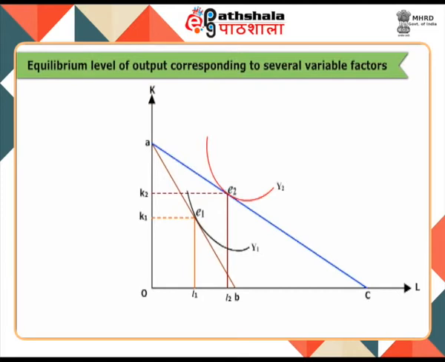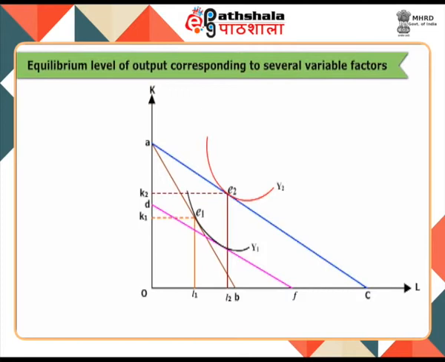The journey from the initial equilibrium point E1 to E2 can be divided into two effects, the substitution effect and the output effect. In order to explain these two effects more explicitly, we draw a new isocost line DF, which is parallel to AC and also tangential to the initial isoquant Y1, so that it shows the new factor price ratio and at the same time maintains the initial level of production.